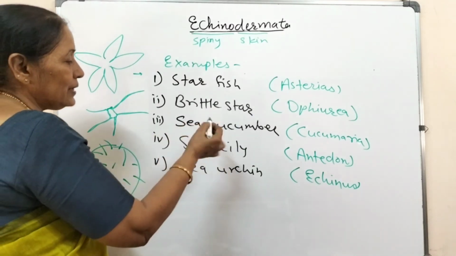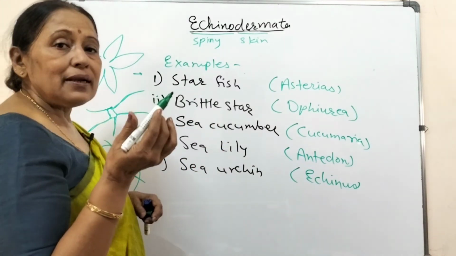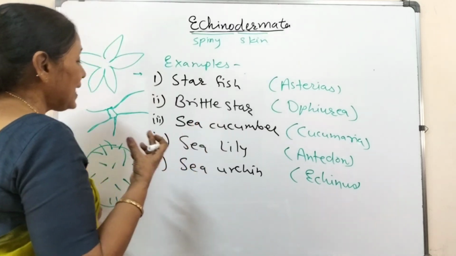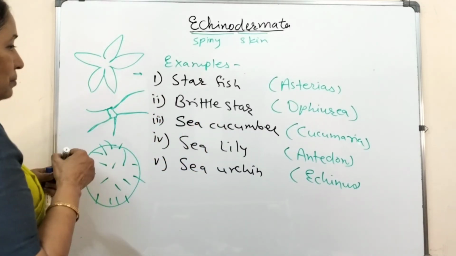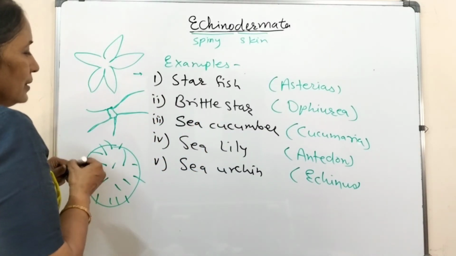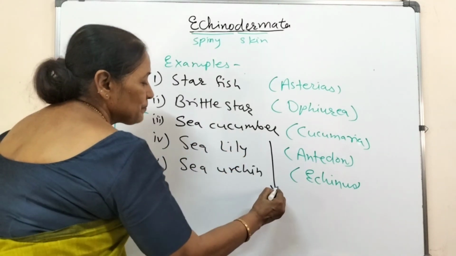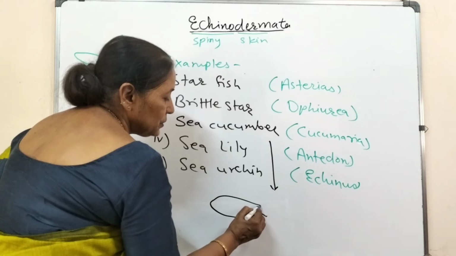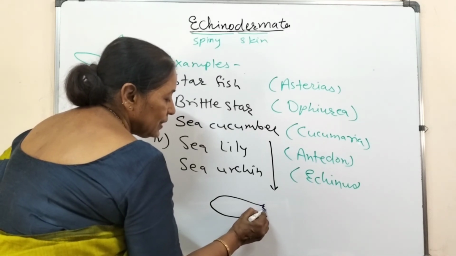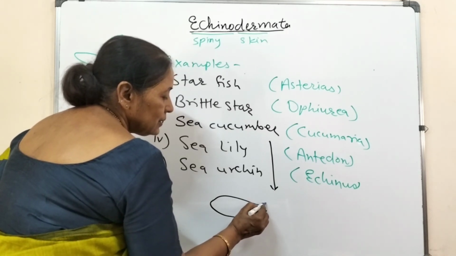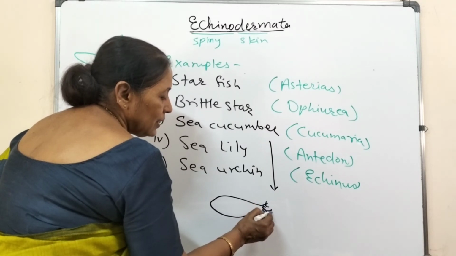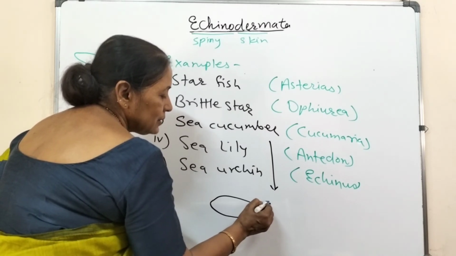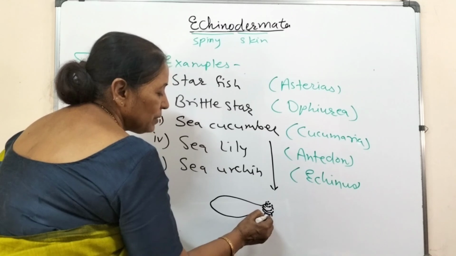That was brittle star. And sea cucumber has the shape of a cucumber. At the top there are 5 tentacle-like structures, which again branch. This is the structure of Cucumaria.